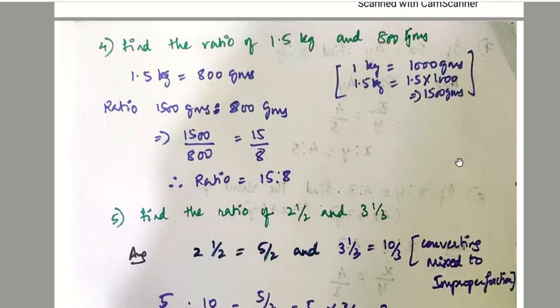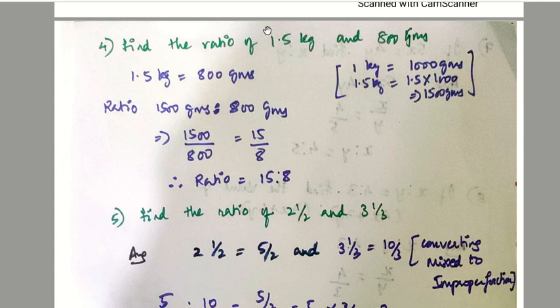Find the ratio of 1.5 kg and 800 grams. So 1 kg is equal to 1000 grams. So 1.5 kg is equal to 1.5 into 1000 grams, which is 1500 grams.